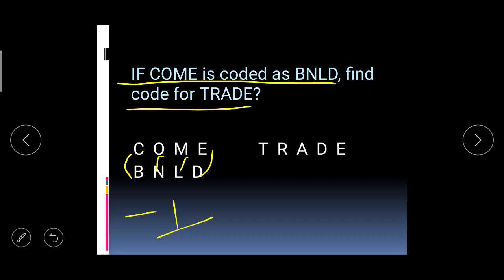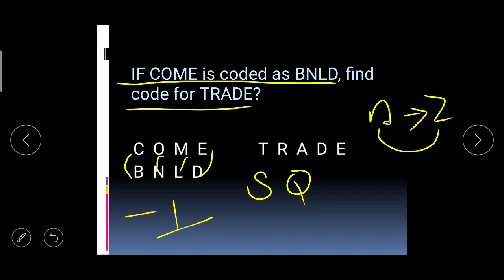Let's start. Before T, which is the letter? S. Before R, what is the letter? Q. Which is the letter before A? When we talk about coding, decoding or series, the alphabet goes from A to Z and then again from Z to A. So if it is asked what is the letter before A, it is possible: there is a letter, that is Z. It is going in a circular order.